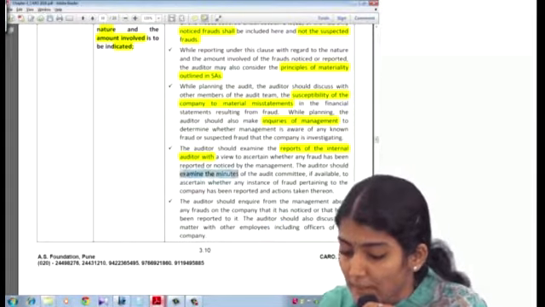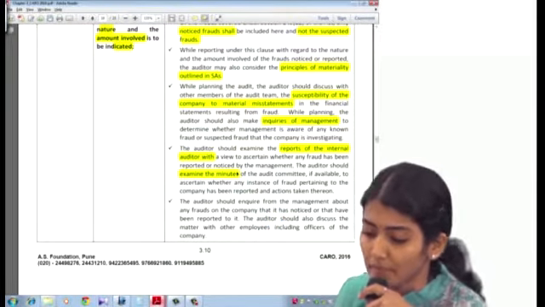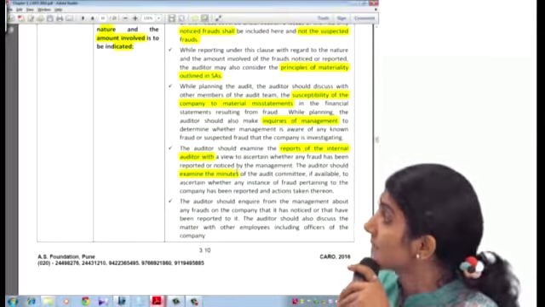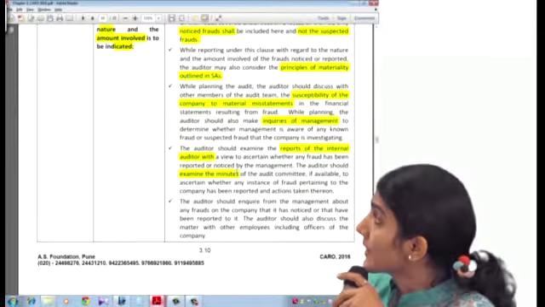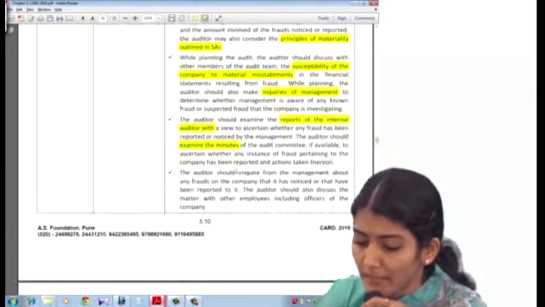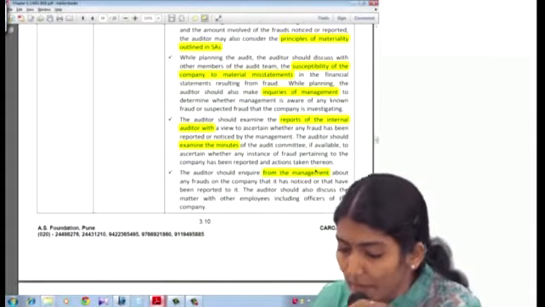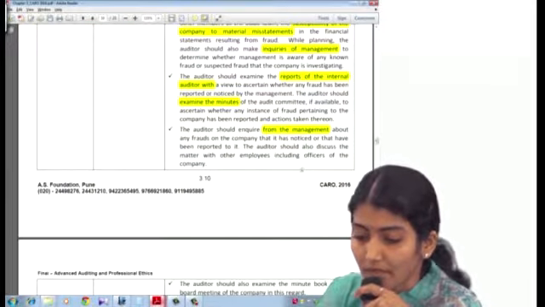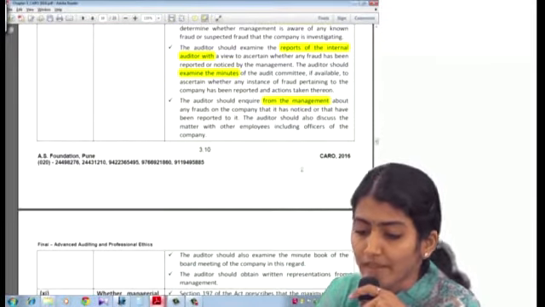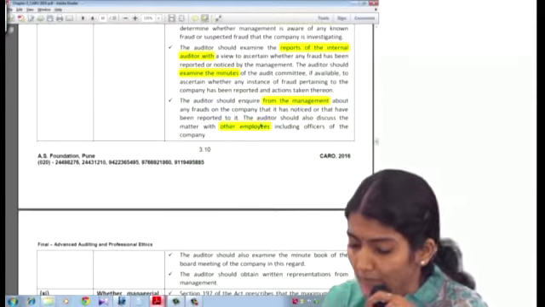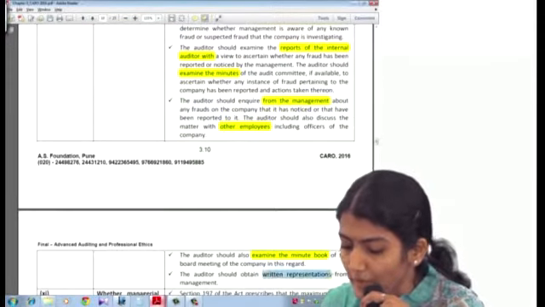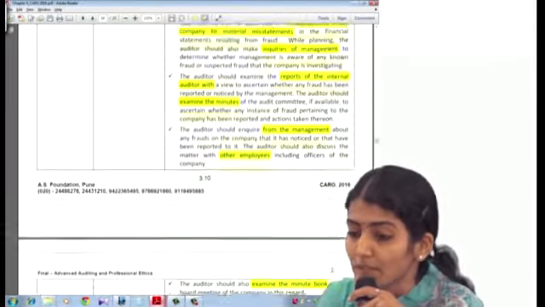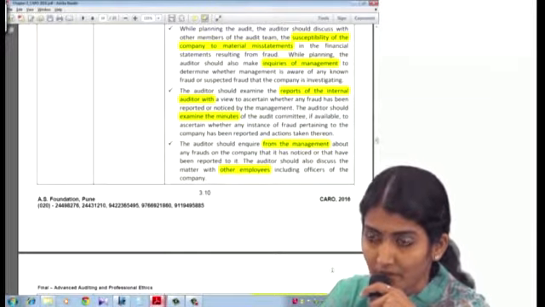He should examine the minutes of the audit committee, if available, to ascertain whether there are any instances of fraud. The auditor should inquire from the management about any frauds on the company that it has noticed or that have been reported. He should discuss the matter with the other employees also. And the auditor should examine the minutes book and obtain the written representations from the management.